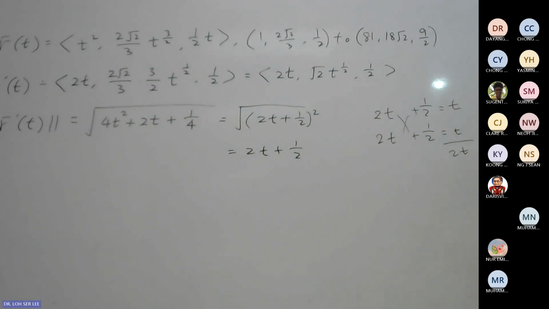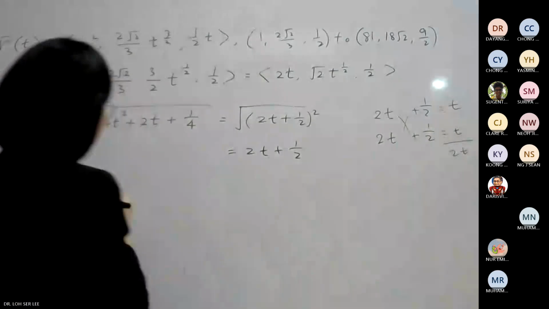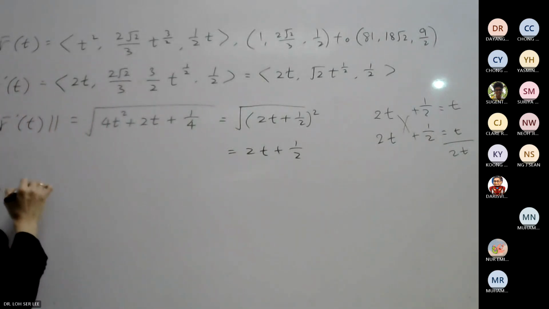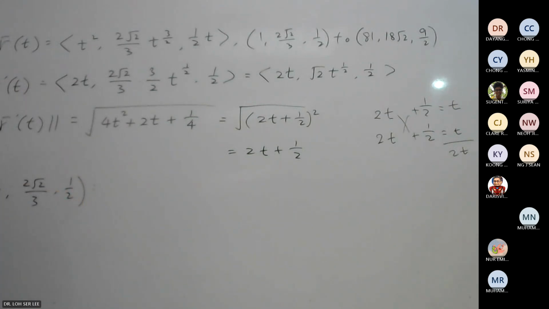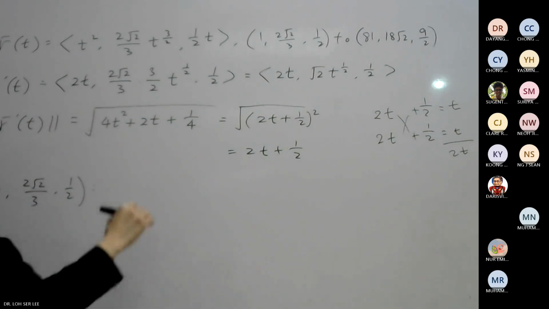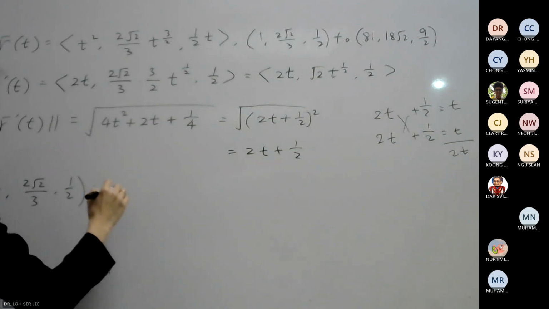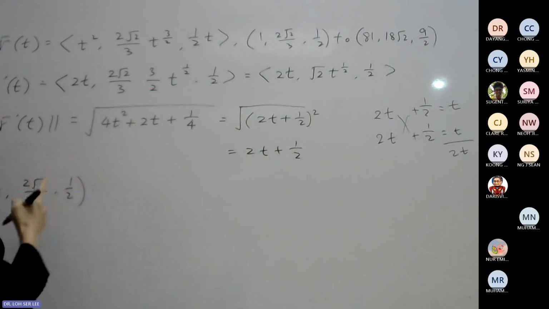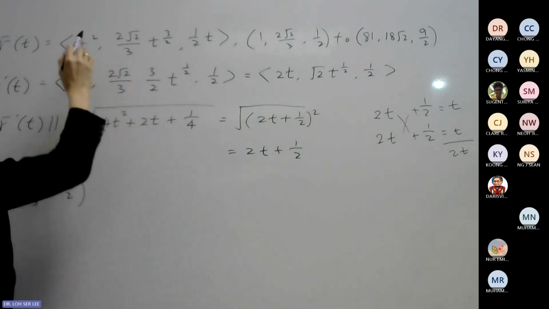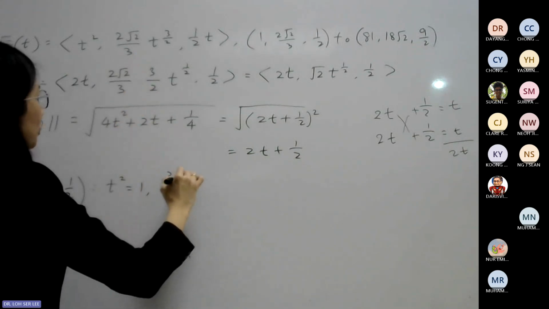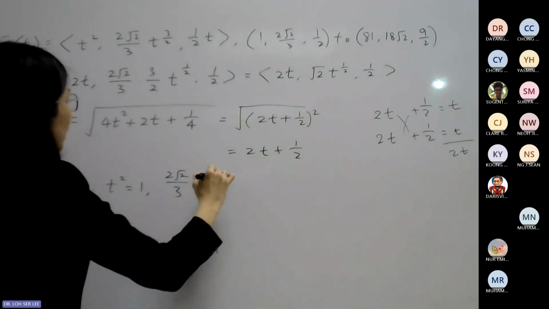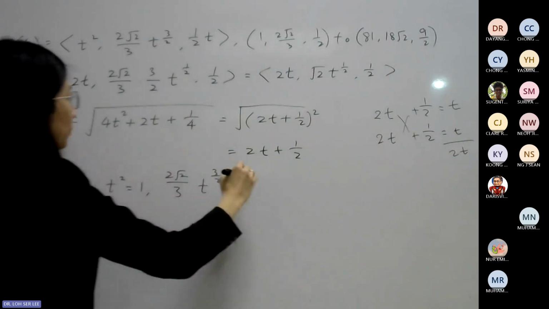Okay, next one, we have to find the corresponding t value for the first point. So for this point, we let t squared equal 1. The second function, 2 over 3, t to the power of 3 over 2, equals the second value.